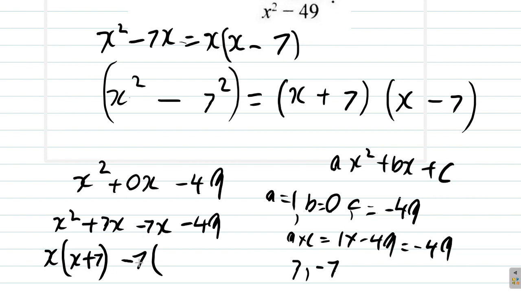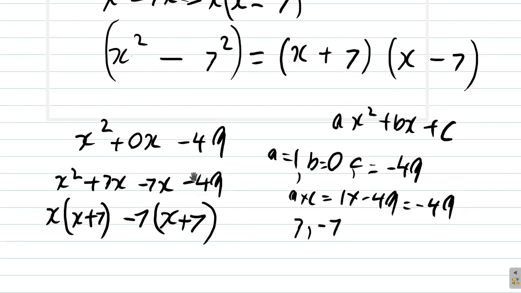Put negative 7 outside the bracket, what you have in the bracket is going to be positive: x plus 7. So you take this bracket as a common factor, put it outside, a new bracket, x plus 7, and then inside here you have x minus 7. It's x plus 7, x minus 7, alright?